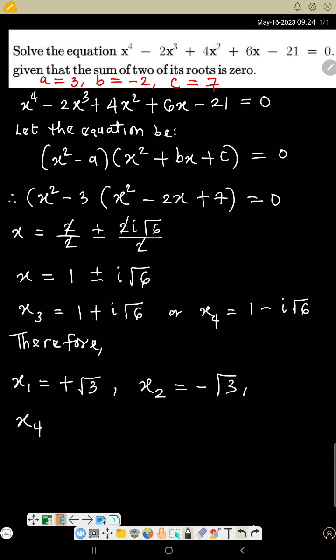S3 is equals to 1 plus i root 6. S4 is equals to 1 minus i root 6. So that means we have solved all the equations now using the condition. So hope you understand.